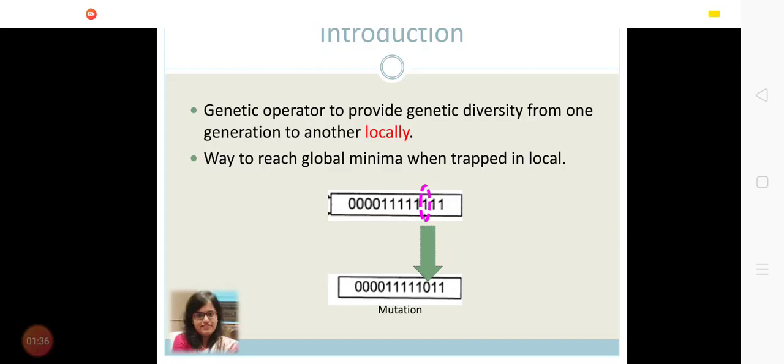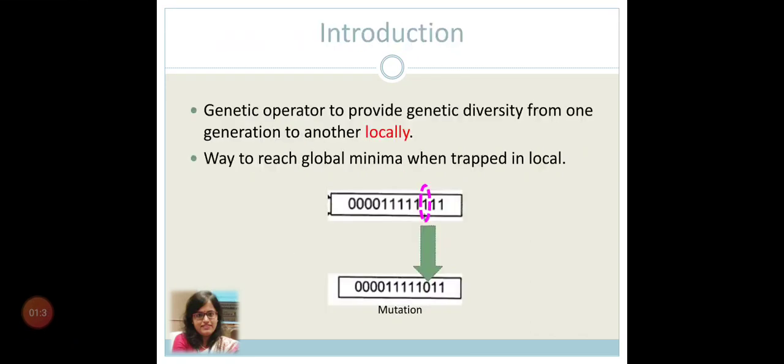Mutation is a genetic operator to provide genetic diversity from one generation to another, and it helps to generate new population locally. It is a way to reach global minima when the algorithm is trapped in the local minima.